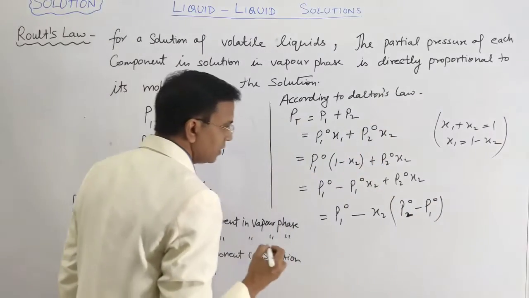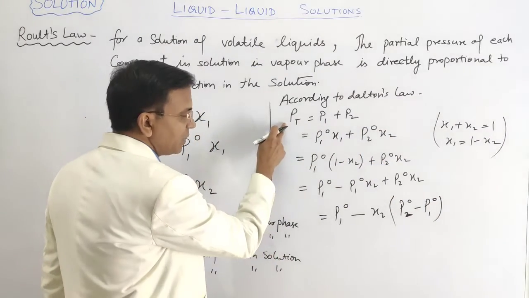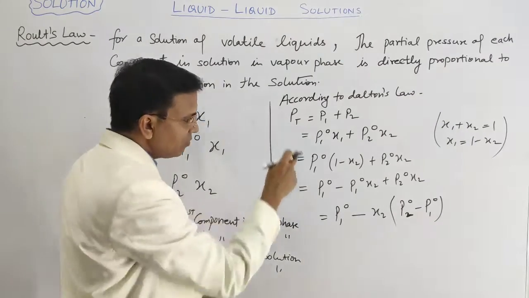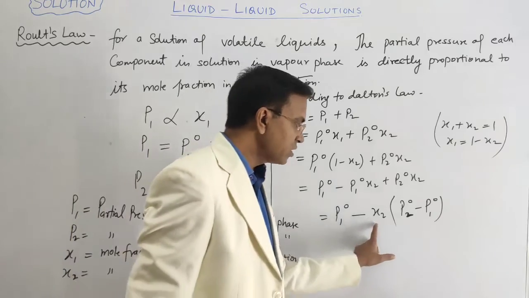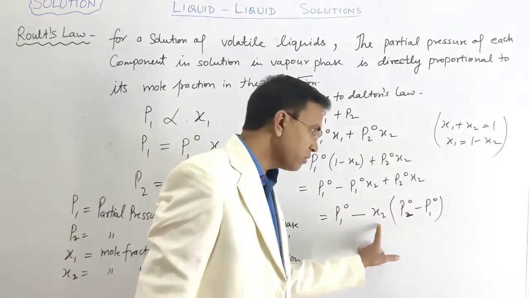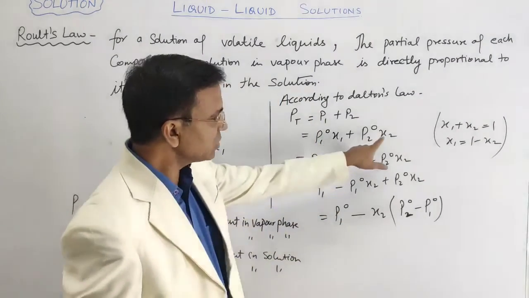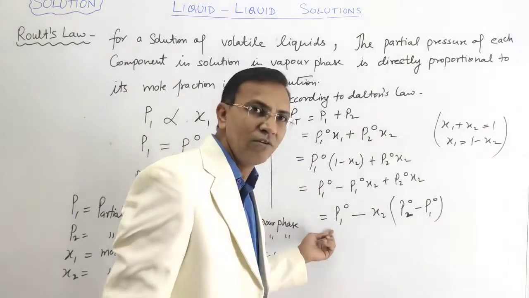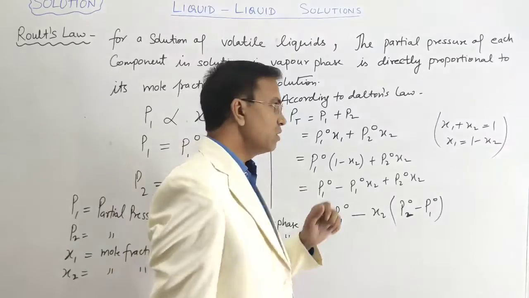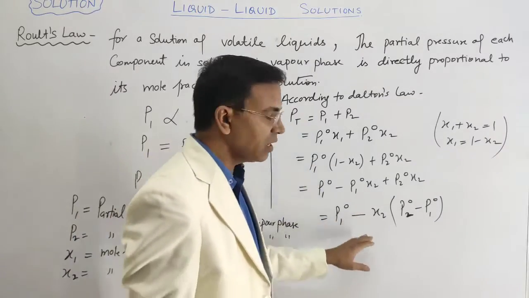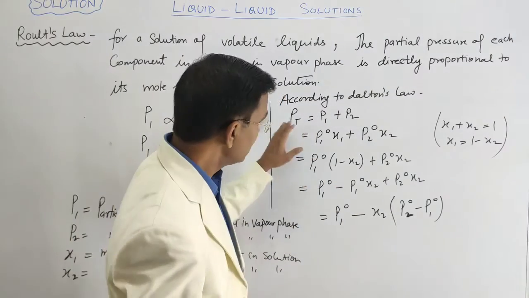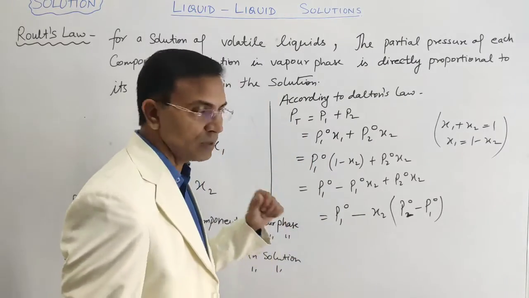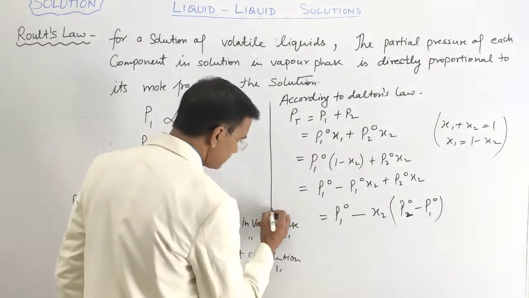P1 naught) x2. So that means the total pressure of the liquid solutions can be related to the mole fraction of the second component, or if you are going to replace x2, then it will be directly proportional to the mole fraction of the first component, right? So it may vary with both the components directly because it is linearly variable. So it is y is equal to mx plus c.